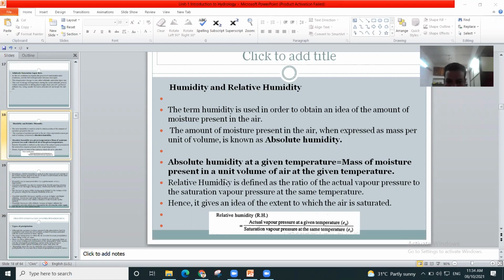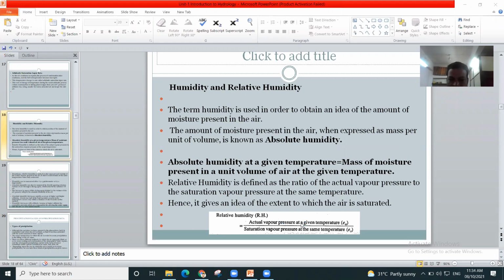The relative humidity is the ratio of actual vapor pressure at a given temperature to the saturation vapor pressure at the same temperature. At a particular temperature, say 5 degrees Celsius, 10 degrees Celsius, 15 degrees Celsius, the actual vapor pressure is measured.